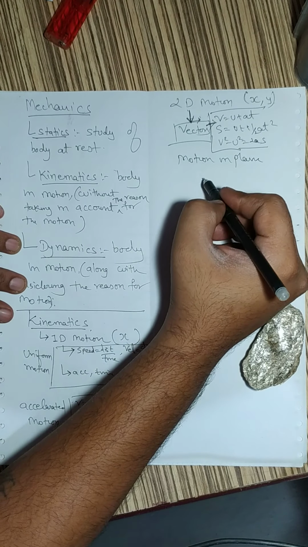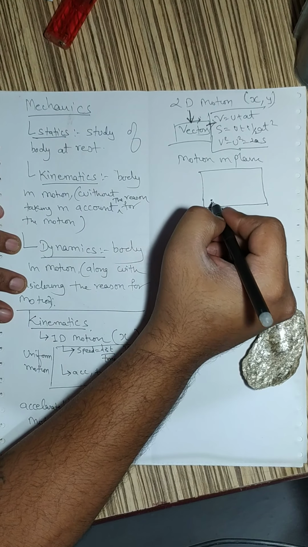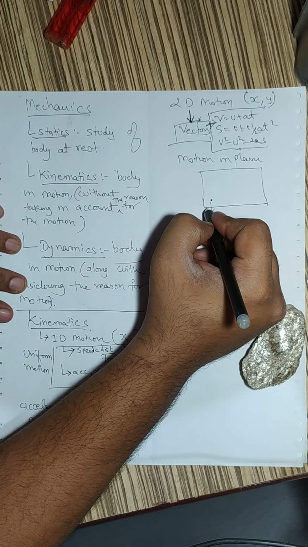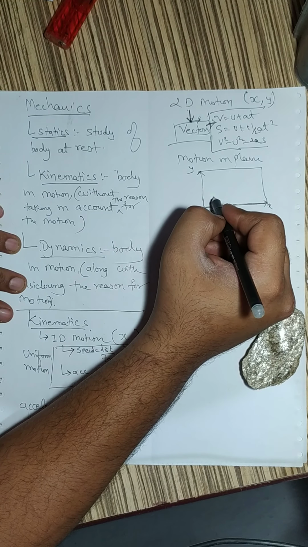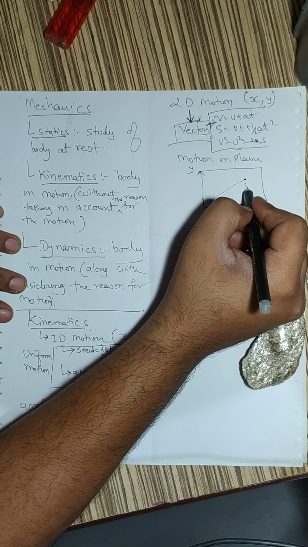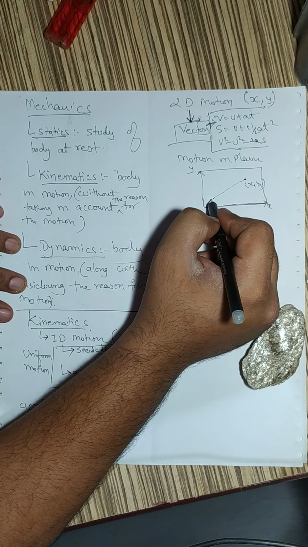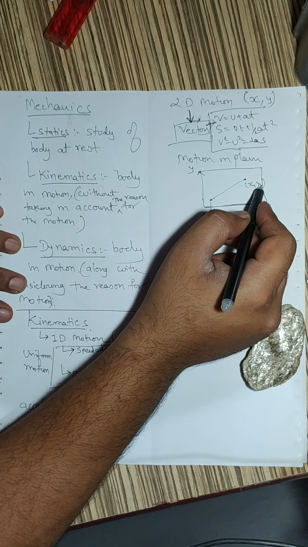Motion in a plane in the sense, let us say this is a plane, a rectangular plane. Now in this, let us say this is the initial position. So this position is denoted by some x coordinate and some y coordinate. This is the x axis and this is the y axis. Now if its new position is this, which is x1, y1. Now you can see here, the initial position also has two coordinates, the final position also has two coordinates.